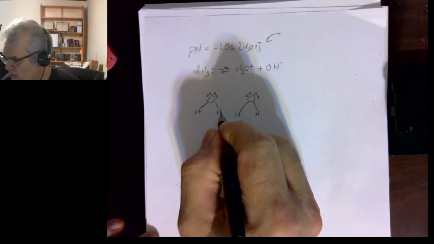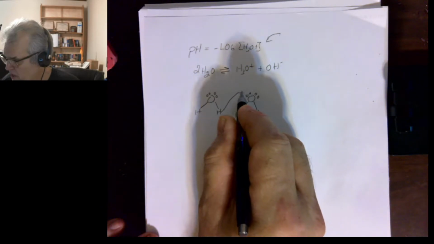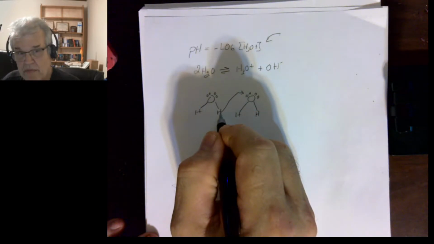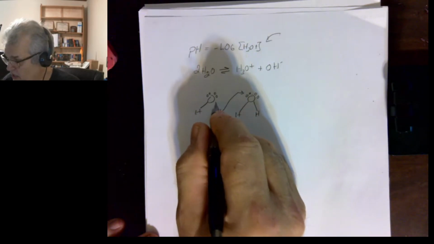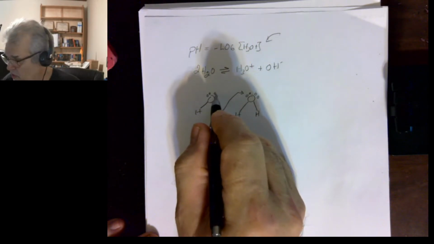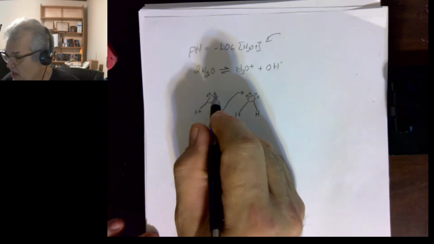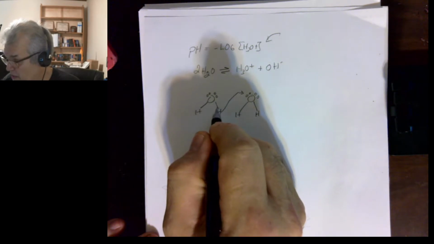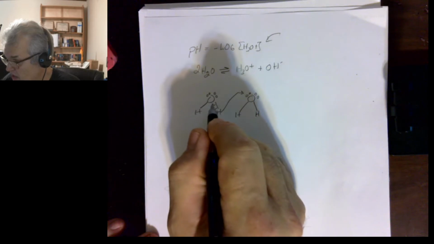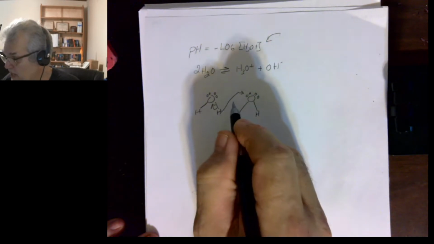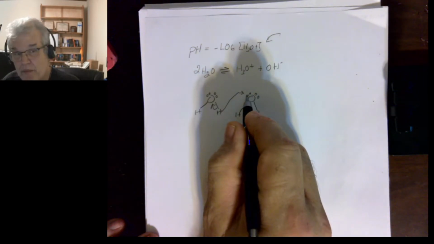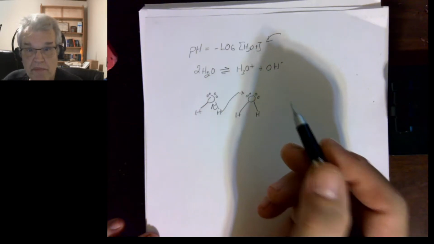well, I can take one of these and move it over here. And remember, what's a hydrogen? It's just a proton and an electron. So if I take these, this is a pair of electrons, right? These are unbonded pairs of electrons. This is a bonding pair of electrons. If I take that pair of electrons and move it onto the oxygen, move this proton over here, when the proton is sharing these two electrons, it looks just like a bond.